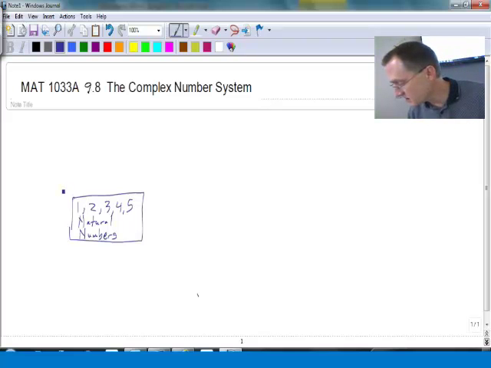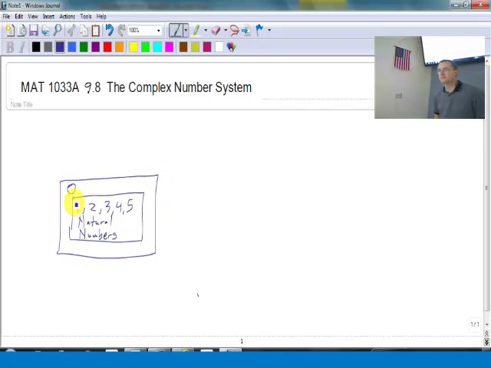That's not a natural number. What we would need is 0. And 0 is a whole number.